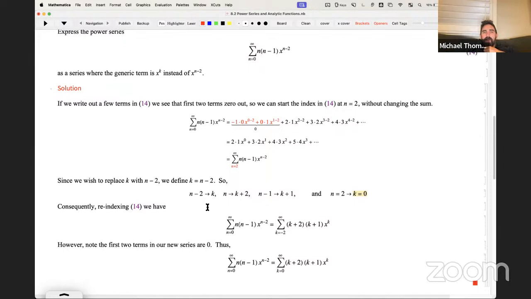So for example, here, we're going to rewrite that. So that n minus 2 becomes a k. That n minus 1 becomes a k plus 1. And that n becomes a k plus 2. And that n equals 0 becomes a k equals negative 2. I think that's what I was trying to say over here.